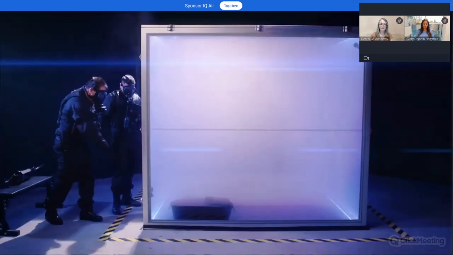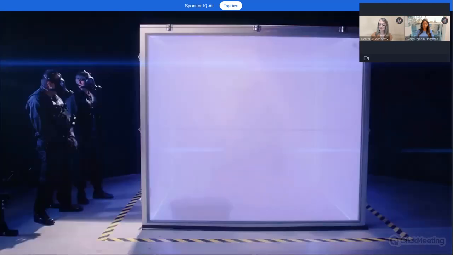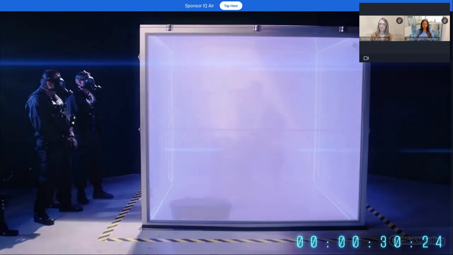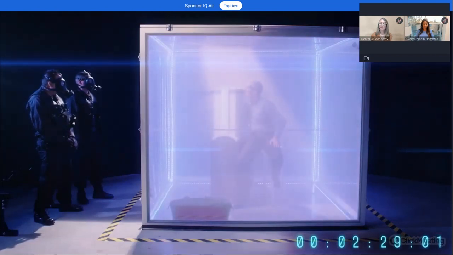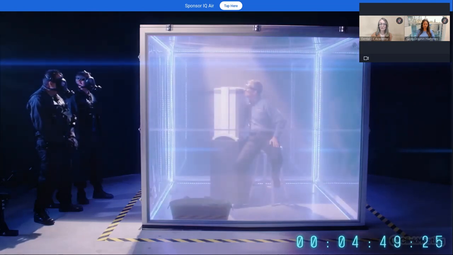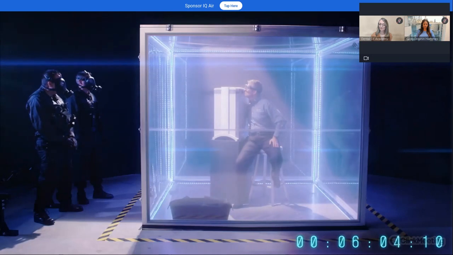Remember, he doesn't have a gas mask. The whole chamber is now filled with noxious smoke and chemicals. Look closely. You can see Frank breathing the clean air stream coming directly from the Health Pro Plus. The IQAir Health Pro Plus is clearing the room completely.